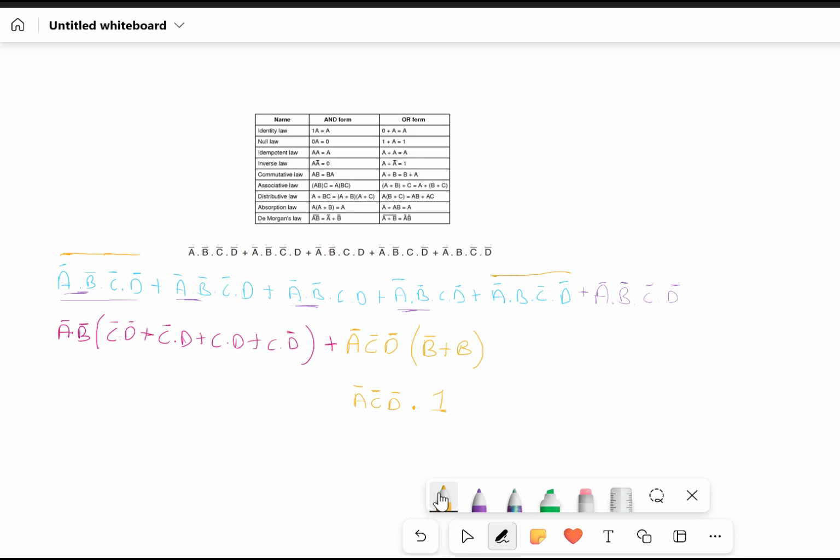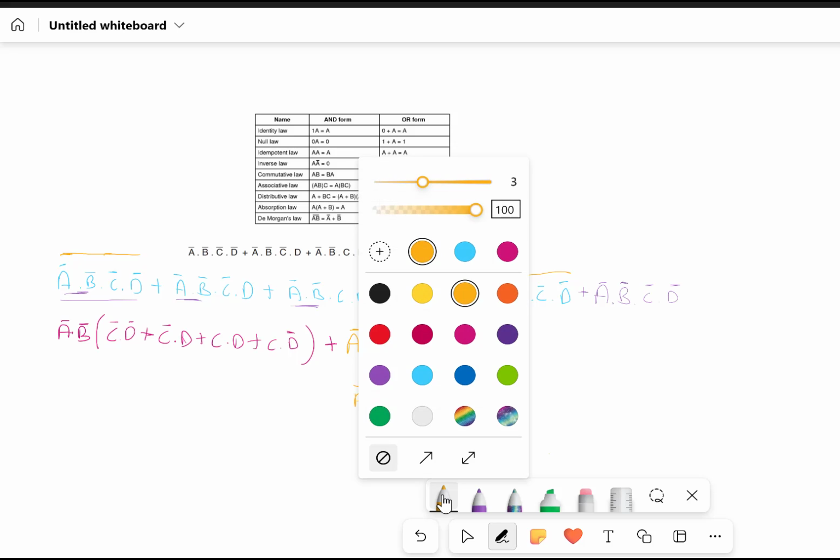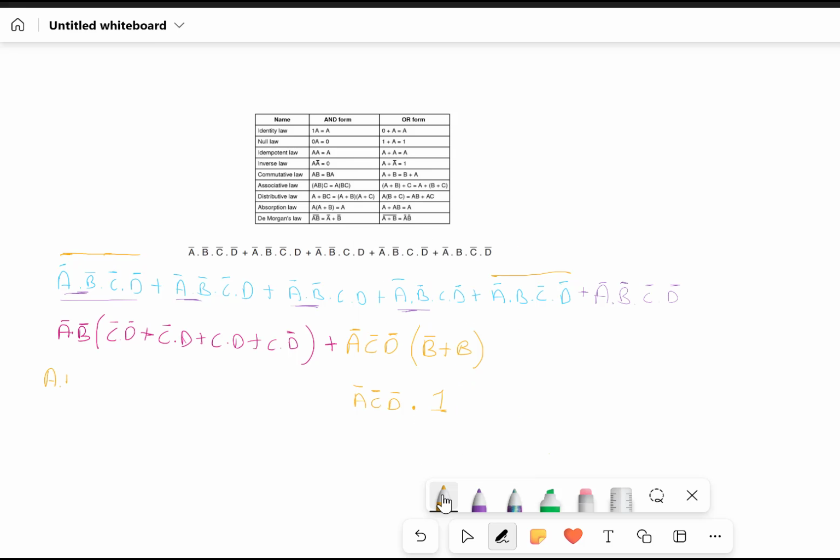That's one side. And what about this? Well, on this part, we can again look at using the common terms inside this bracket. We've got C, and not C, so we can group the not C's together.